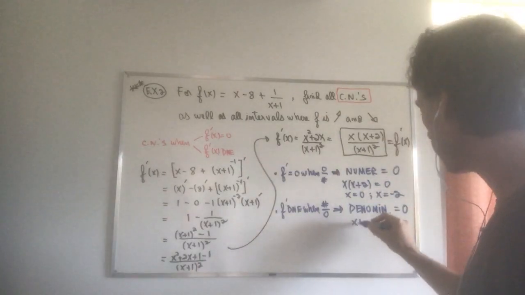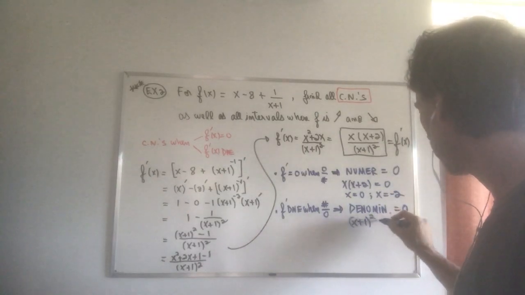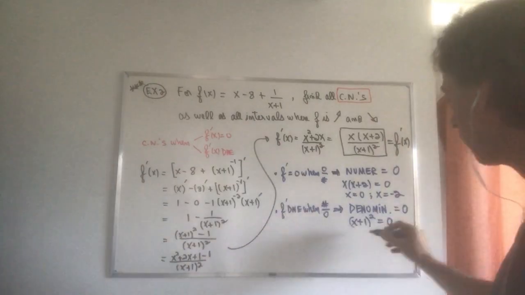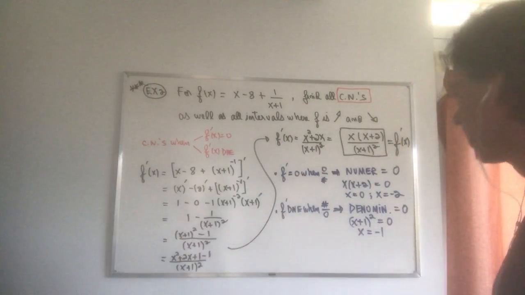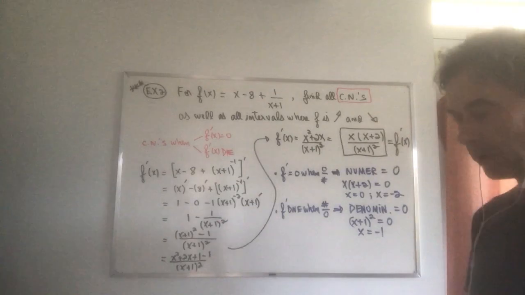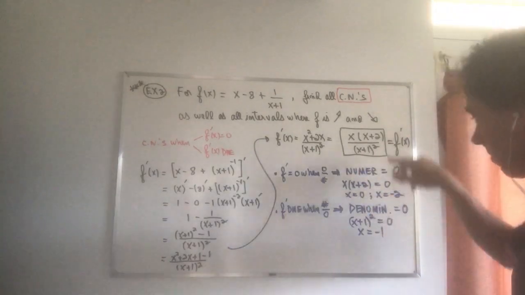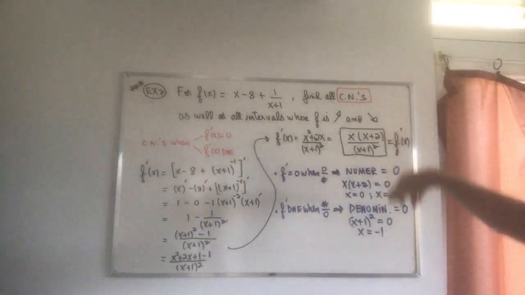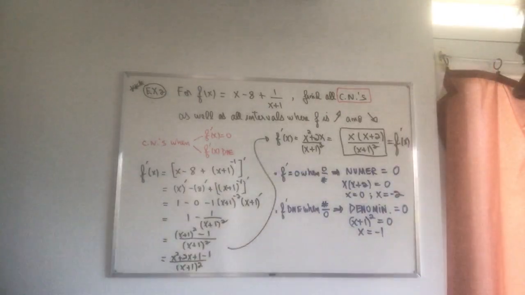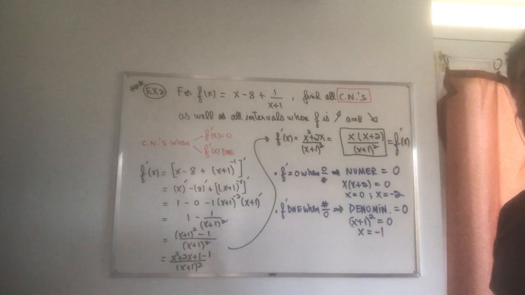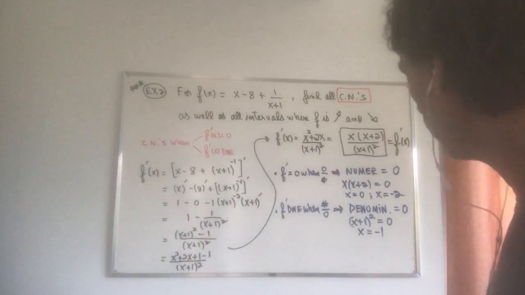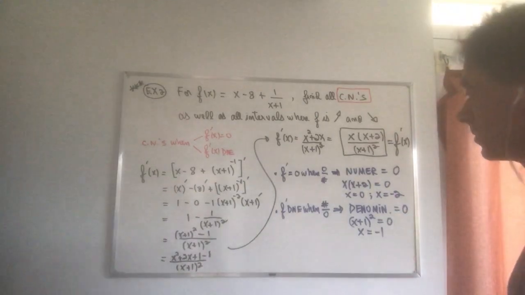That means x plus 1 squared equals 0. Take the square root, bring it to the other side. Minus 1 is the critical number coming out of the denominator, while 0 and minus 2 are the critical numbers coming out of the numerator. So that answers the first part of the problem. We have some critical numbers.